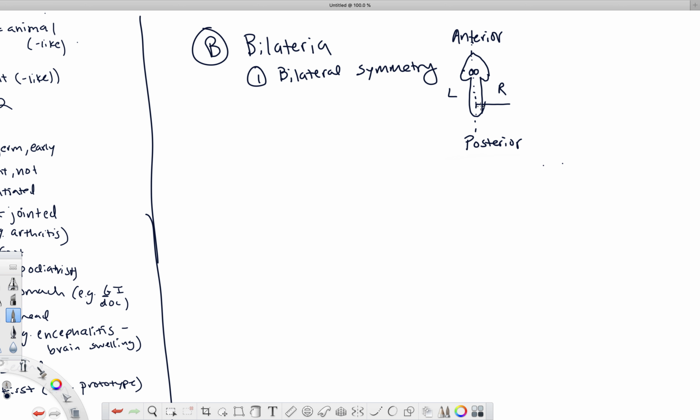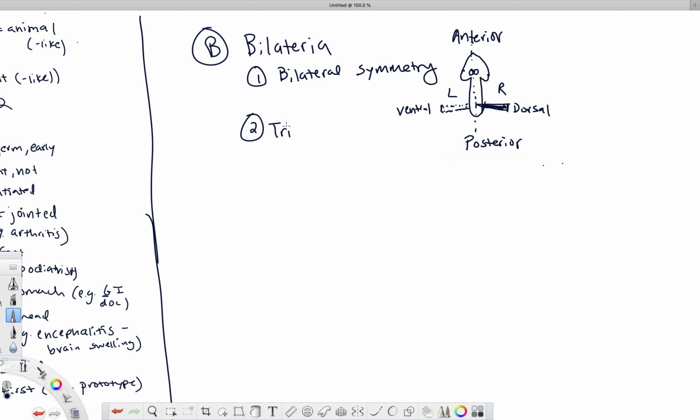The back is called the dorsal, and the belly is called the ventral side. So it's supposed to be like projecting into the screen. Okay, that's one bilateral characteristic.